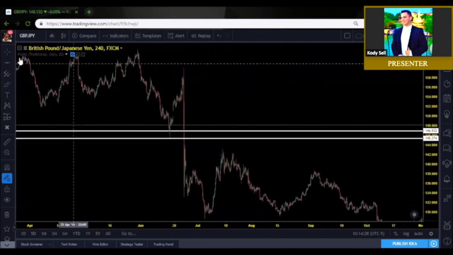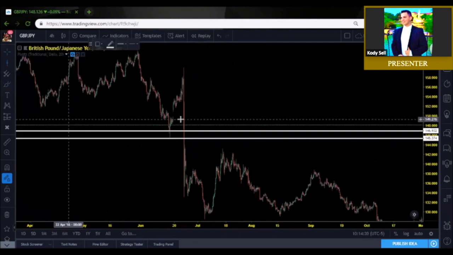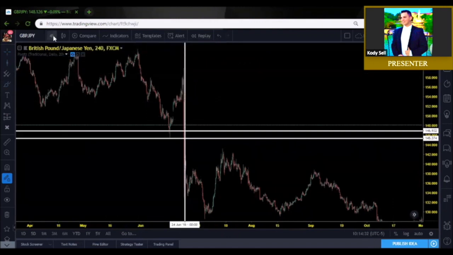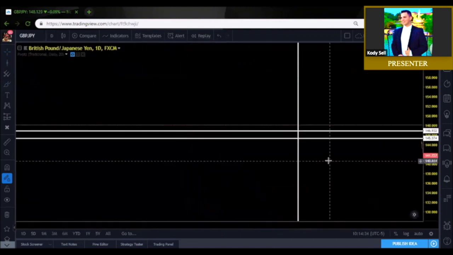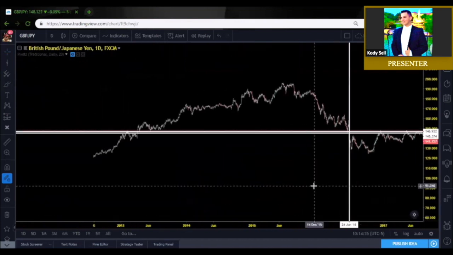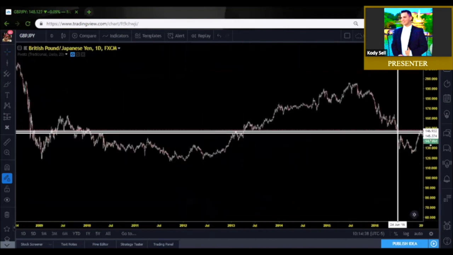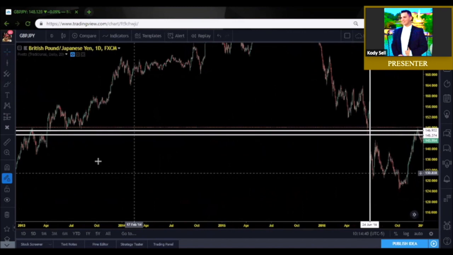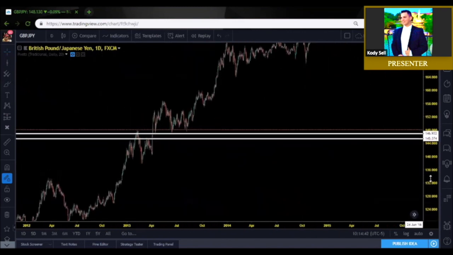So let's throw a vertical line on here and go take a look at the daily time frame. This is exactly what I expected to see.